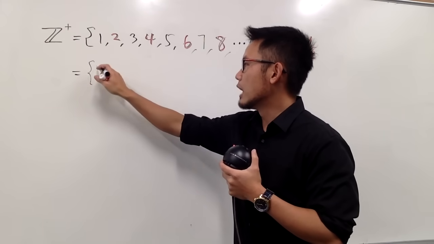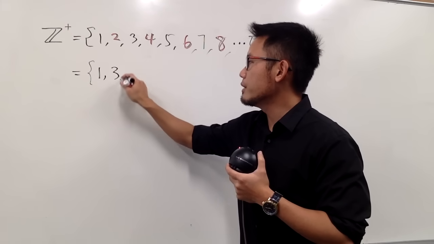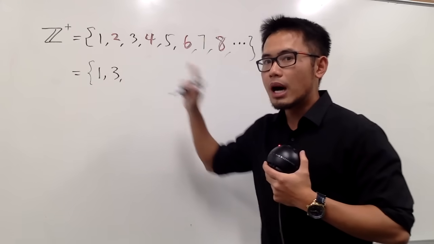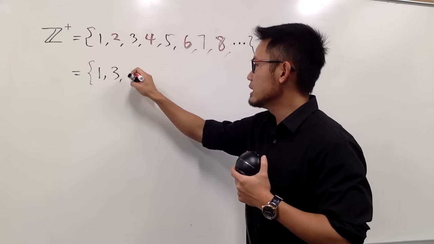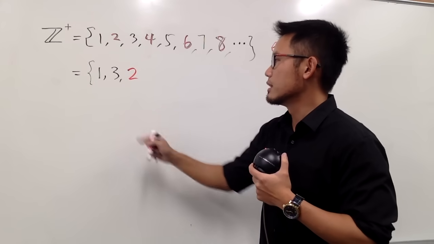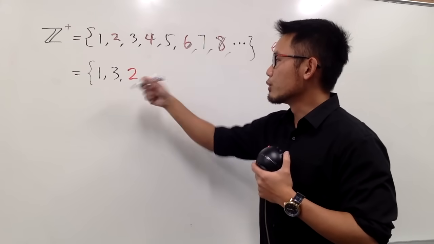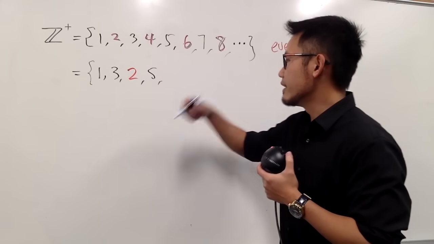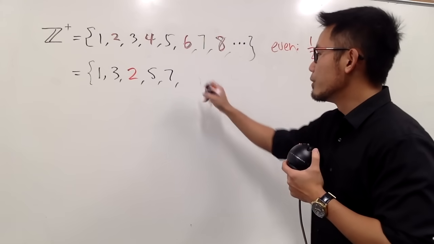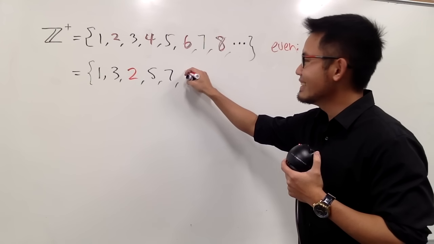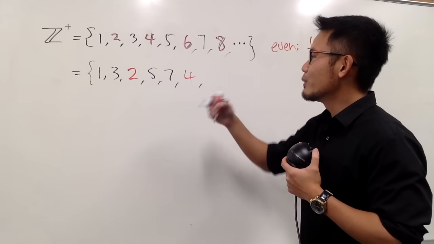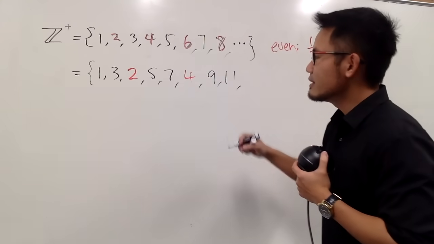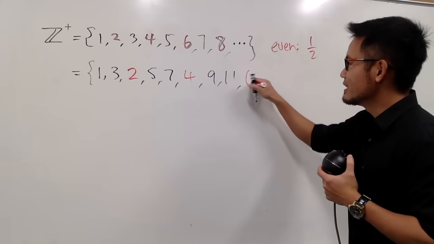So the pattern was, how about I put down 1, 3, meaning I put down the first 2 odd numbers, and then I will put down the first even integer, like this: 1, 3, 2. And then next, I will do the same. I will list out the next odd numbers, 5 and 7, and then I will put down another even number, which is 4. And then what's next? You know it's 9, 11. What's this? It's going to be 6.